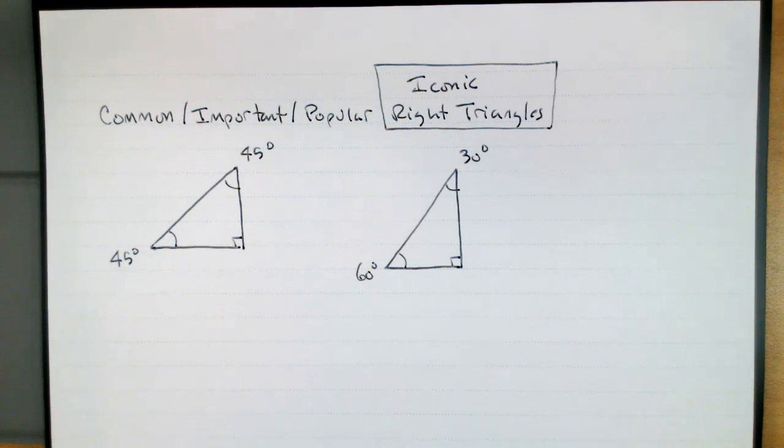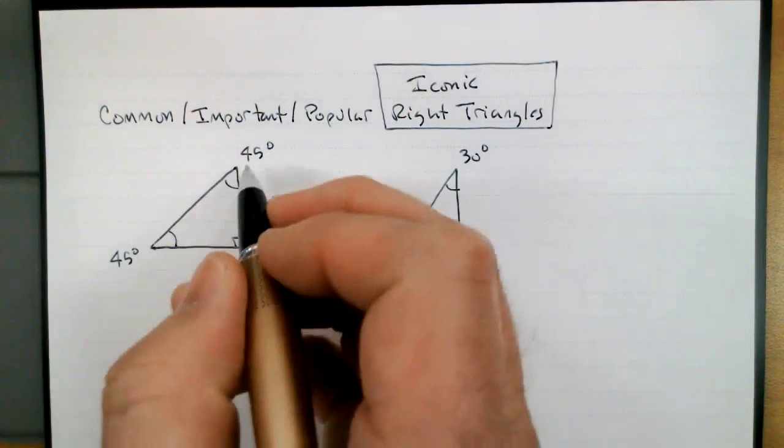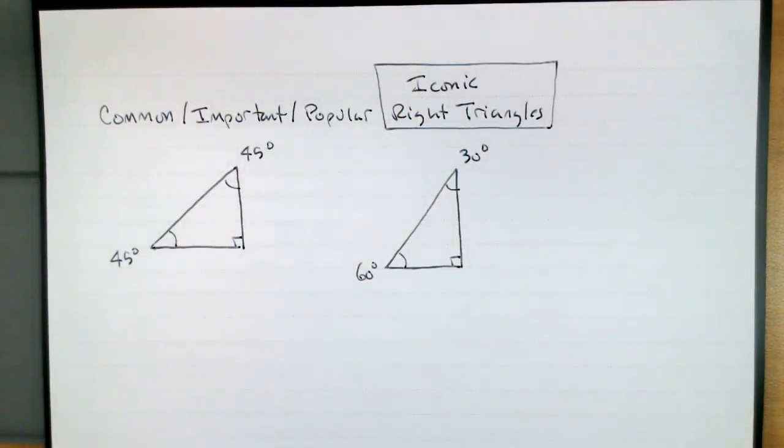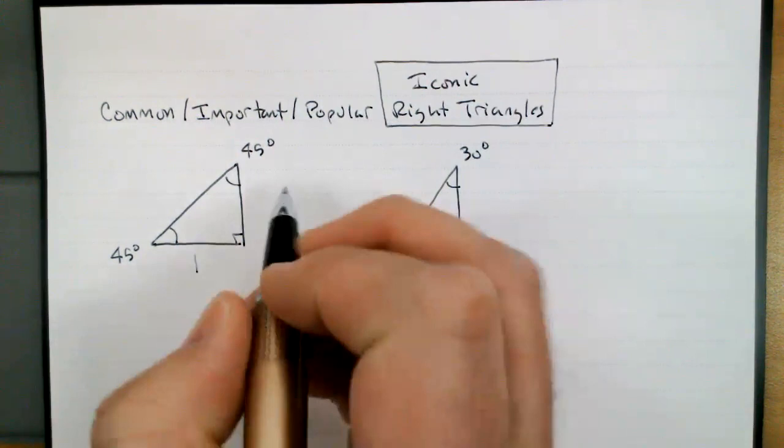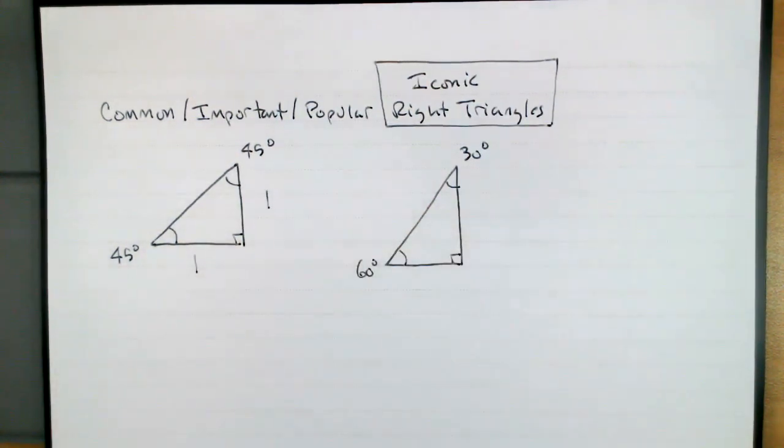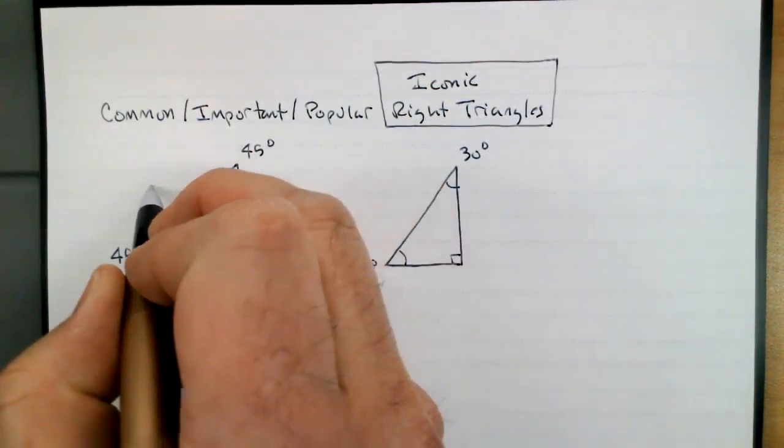So let's start with the isosceles right triangle. Since the two acute angles of the isosceles right triangle are equal, that means the sides opposite those angles are equal. So if I call one of them 1, then the other one is also 1. And the Pythagorean theorem tells us that the hypotenuse will be equal to the square root of 2.